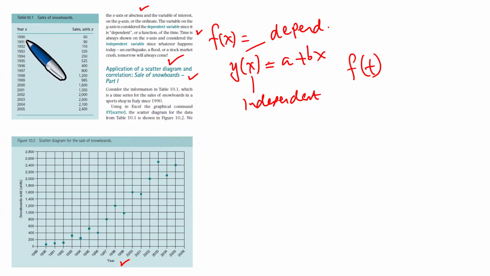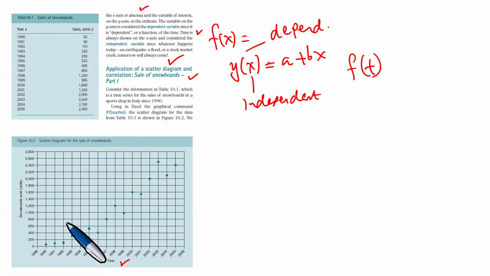You can see year X is 1990, and the sales units sold are 60. In 1991, 90 units were sold. In 1992, 110 units were sold, and so on and so forth. Using the Excel graphical command, which is the XY scatter, in Microsoft Excel, we could always discuss that.